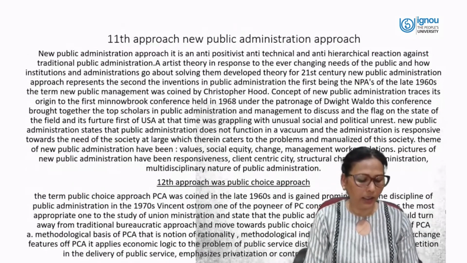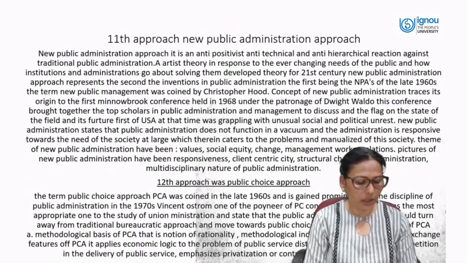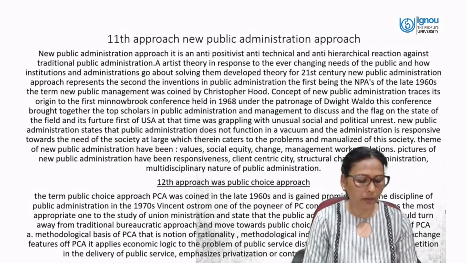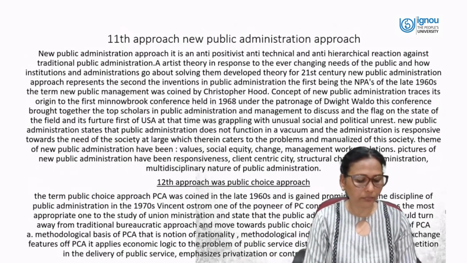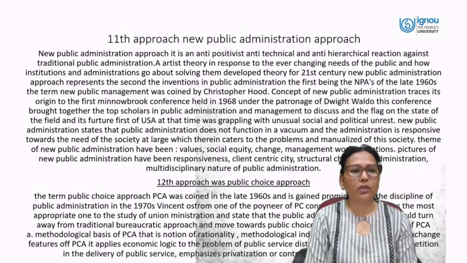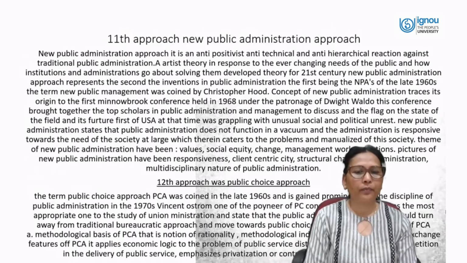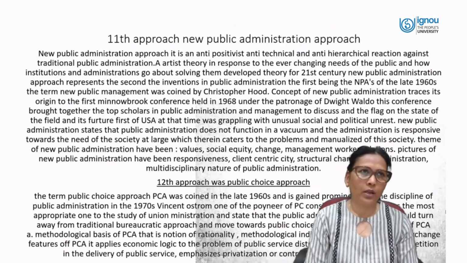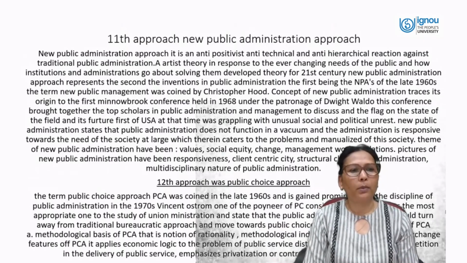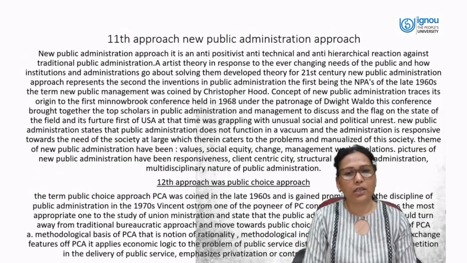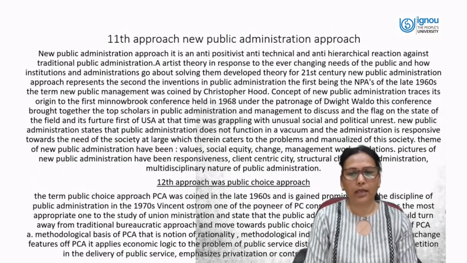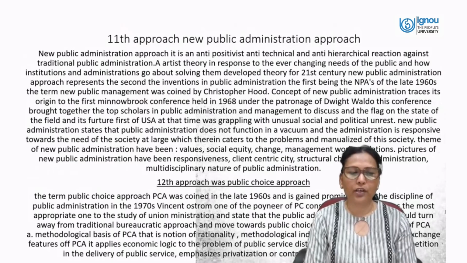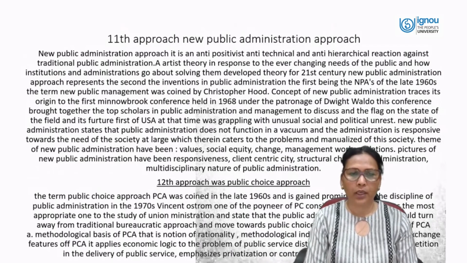The next approach, the 11th approach, was the new public administration approach. Now, new public administration is an anti-positivism, anti-technical, and anti-hierarchical reaction against traditional public administration.